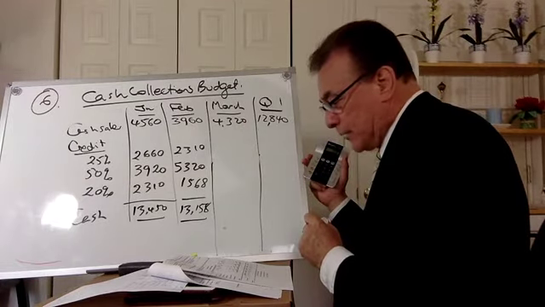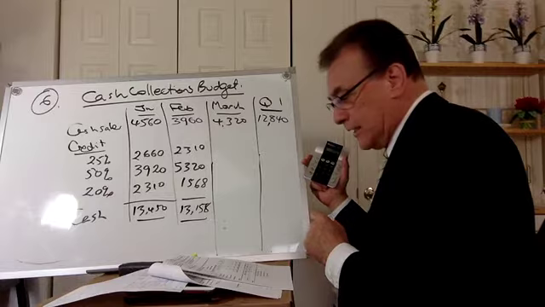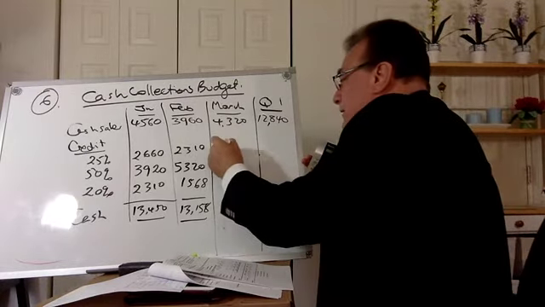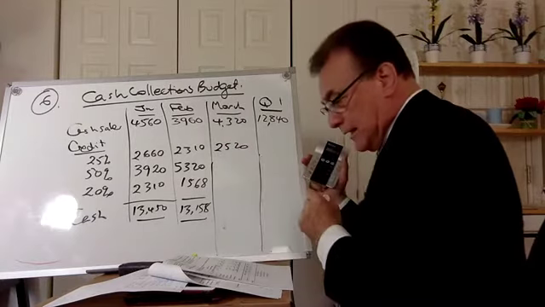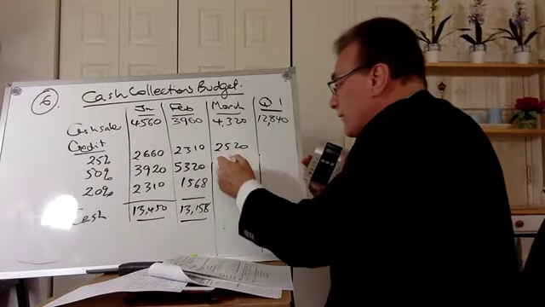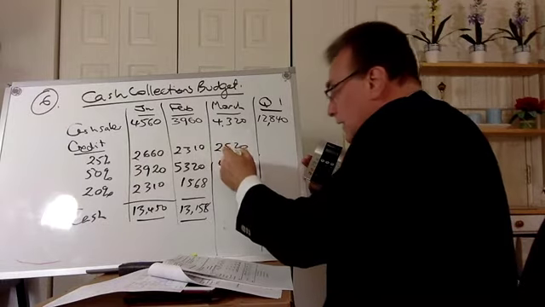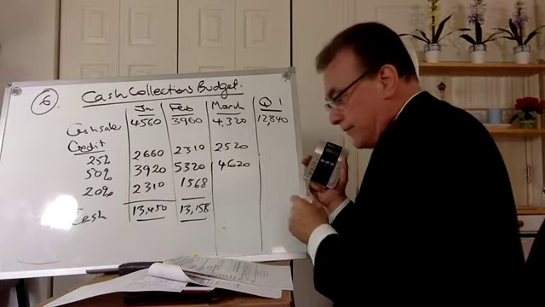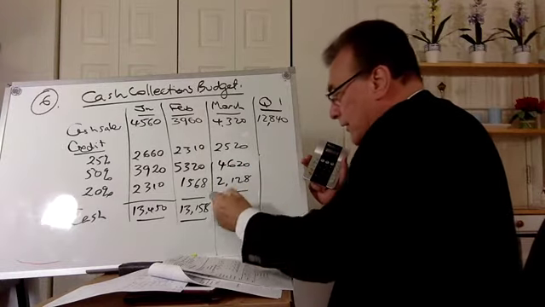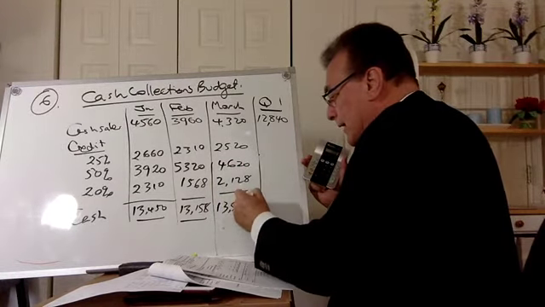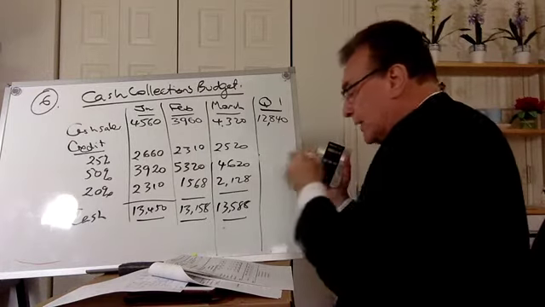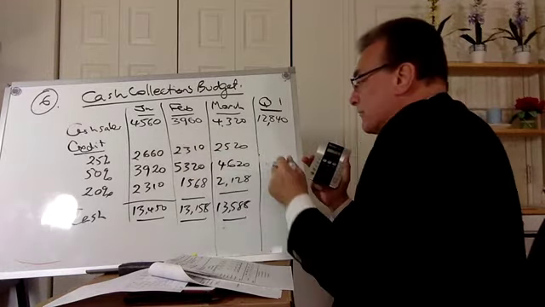Same month, March, we collect 25% of March credit sales, so that's 2520. 50% of February sales, so that's 4620. 2128, total 13,588.